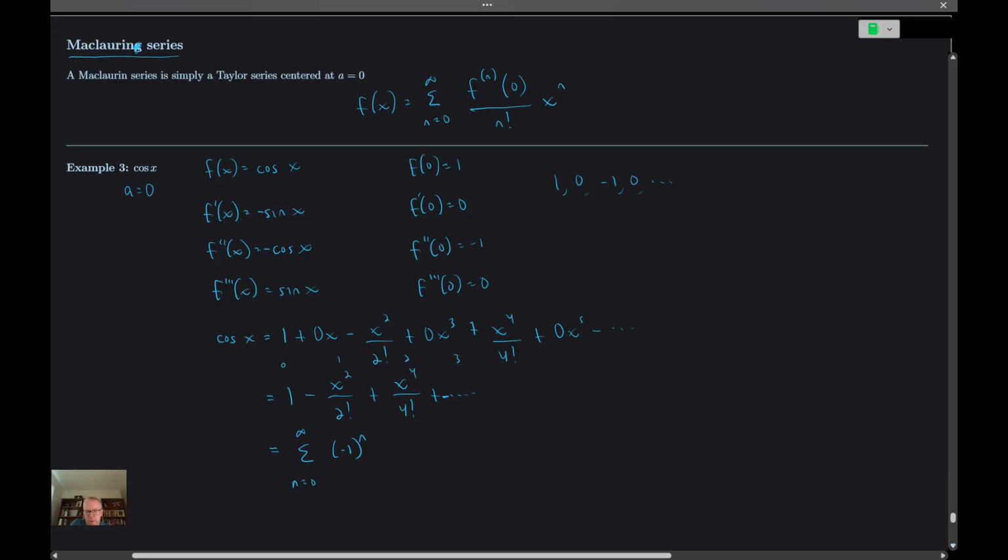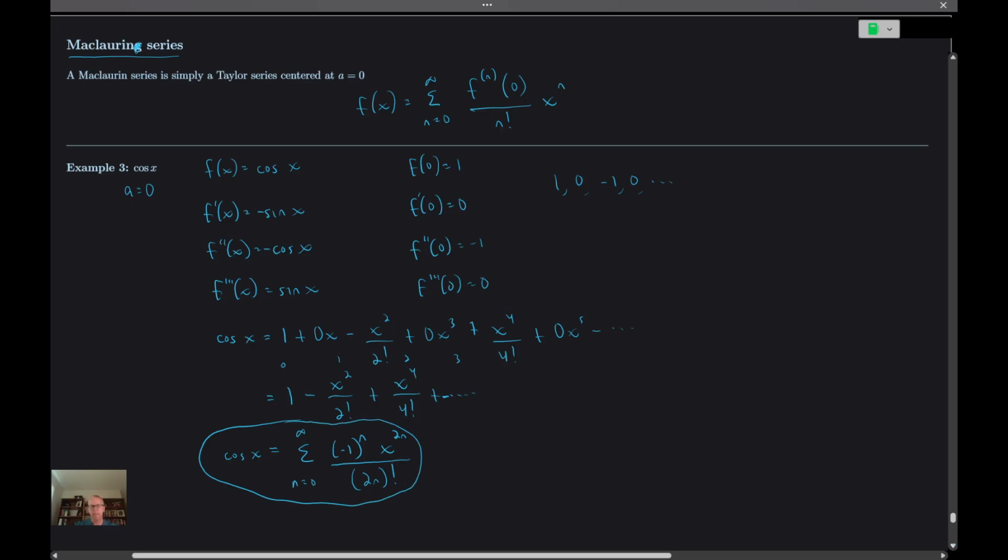The third term would have an exponent of 6. So our x is going to be raised to the 2n. So the exponent is double whatever number term we're on. And then also we have 2 factorial, 4 factorial. So the exponent matches the factorial. So whatever that is, we also have down here. And then it's going to be 2n factorial. So this is our Maclaurin series for cosine of x.